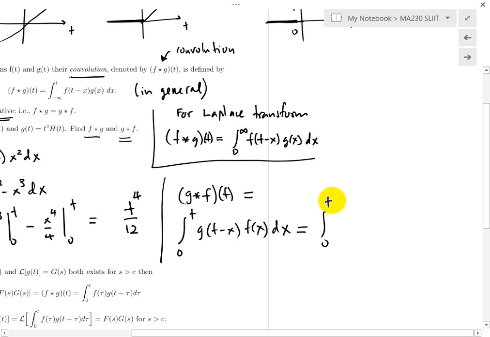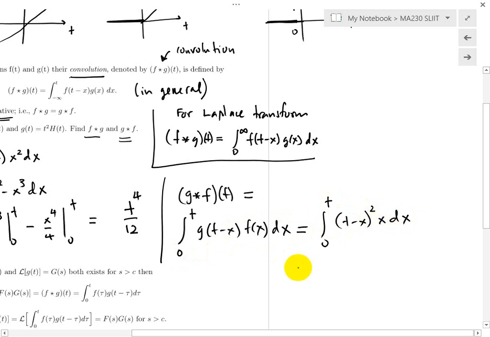So g(t) is t squared, so g(t minus x) is (t minus x) squared, and f(t) is t, so f(x) is x, dx.